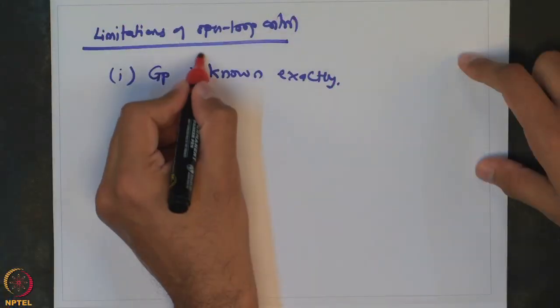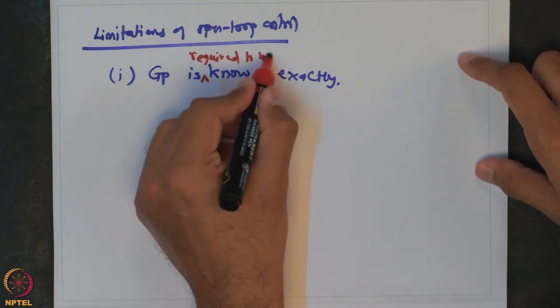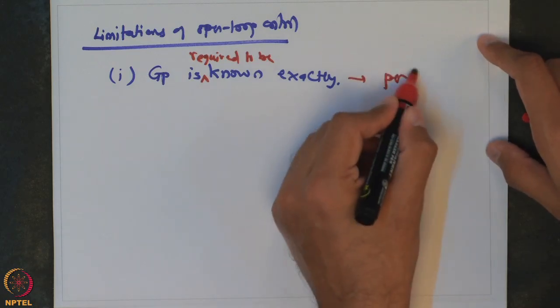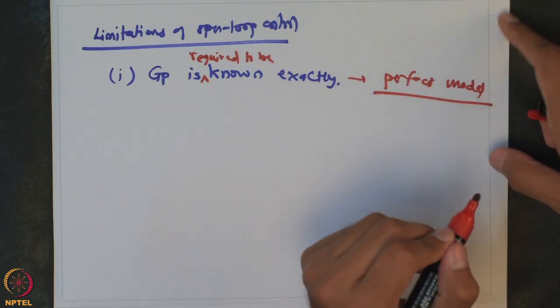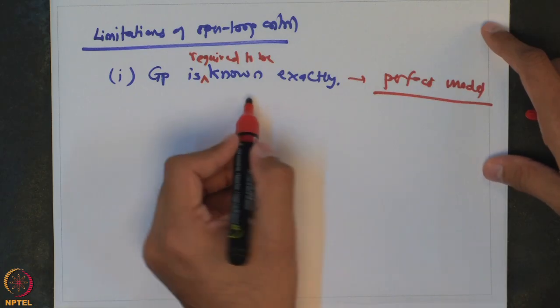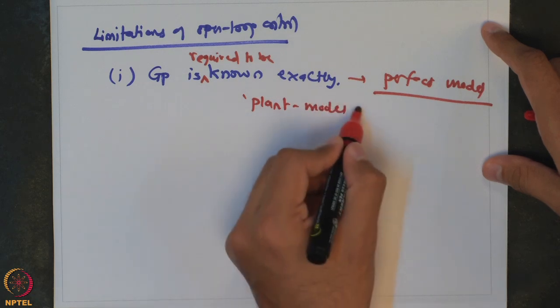So, perfect model is not available. Here Gp is required to be known exactly. So, perfect model is required, which is typically not possible, and what you end up with is known as a plant model mismatch.